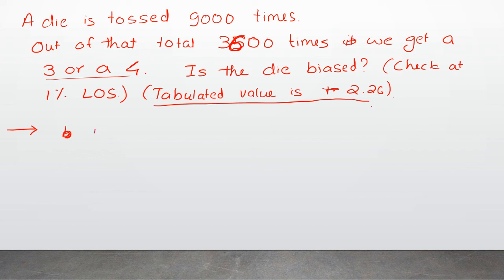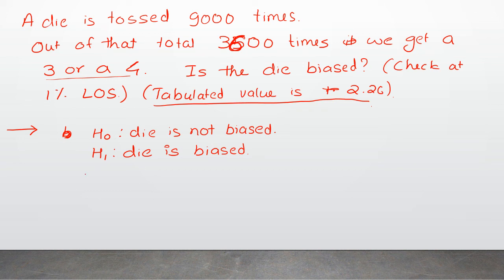So we proceed with this: H naught, my null hypothesis, is that the die is not biased. What will be my H1? H1 will be that the die is biased. These things are easy.